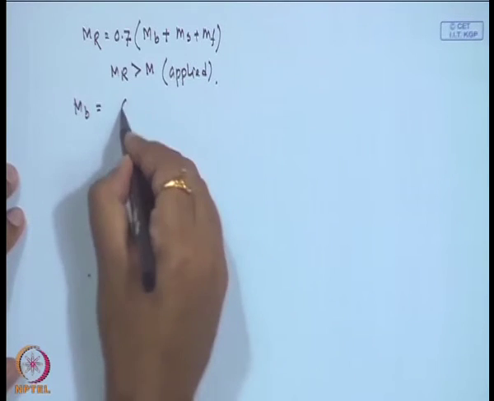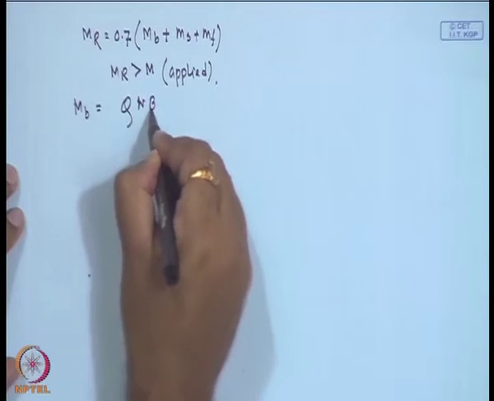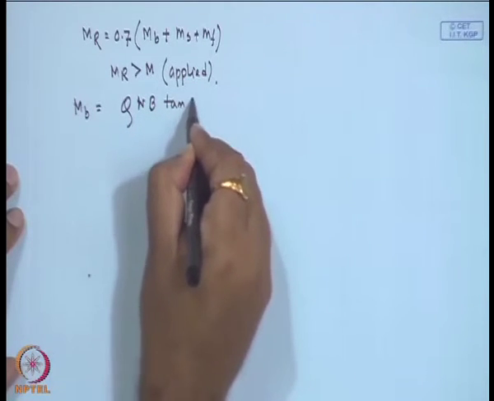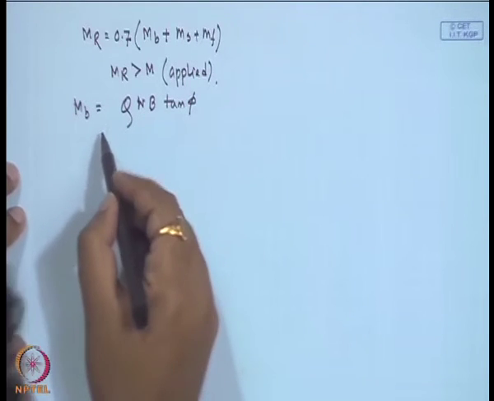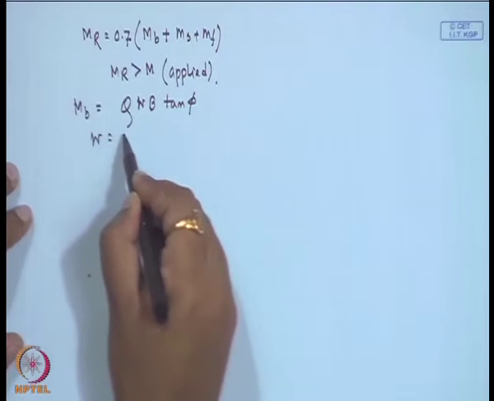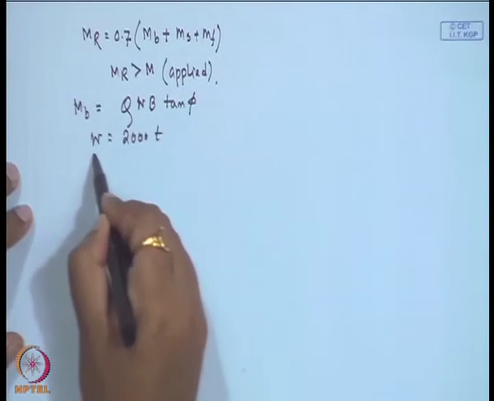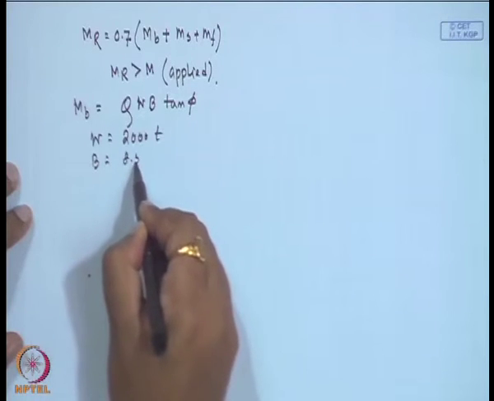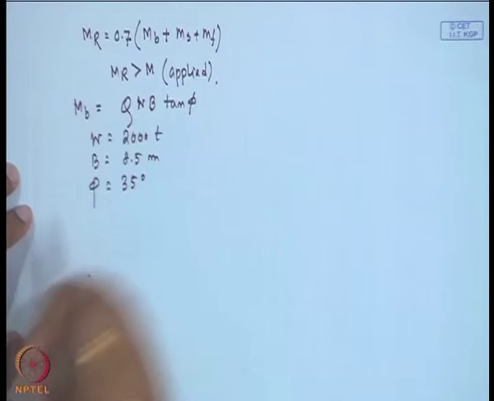M b is Q W B tan phi. Now, the W value is given, W is equal to 2000 ton, B is 8.5 meter and phi is 35 degree.